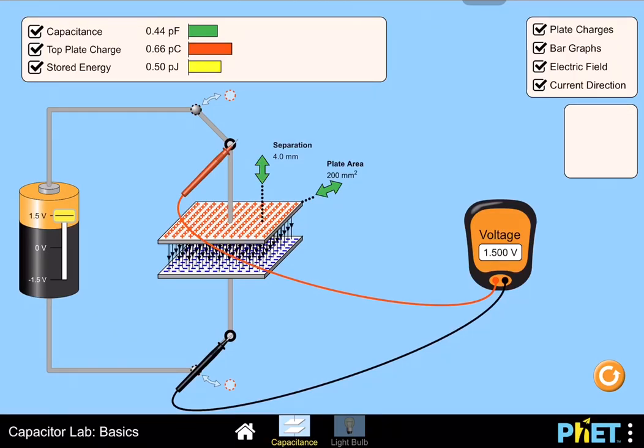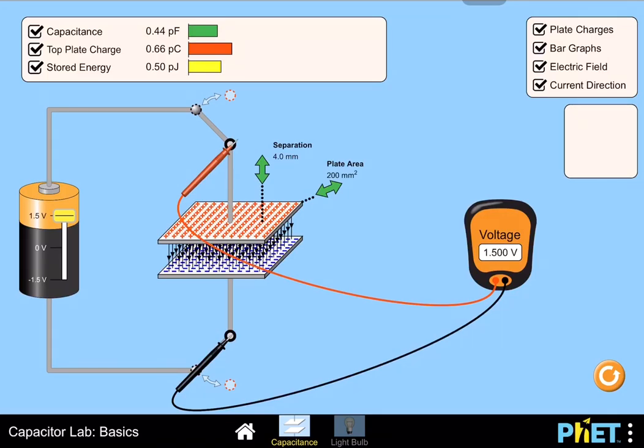So what you have to notice, when the separation between the two is 4 millimeter, the capacitance is 0.44 picofarad, plate charge is 0.66, and this is the stored energy.